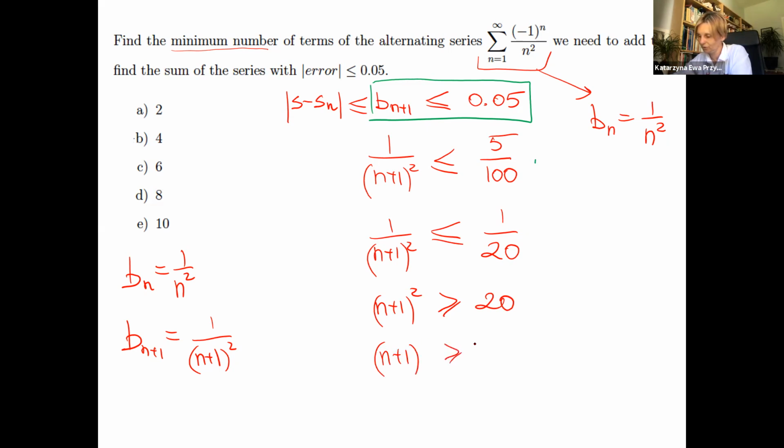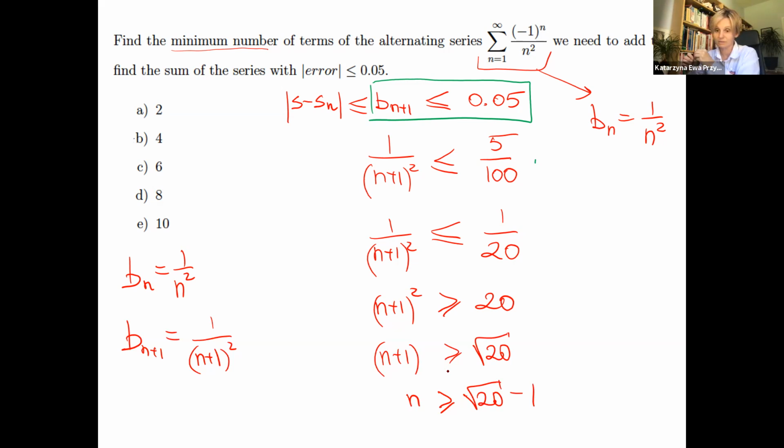Do you think we can take a square root? And then n is the square root of 20 minus 1. I know it doesn't look nice, but we have to figure it out because this is irrational.